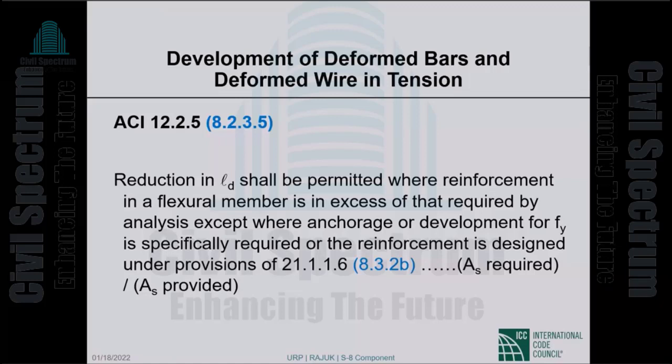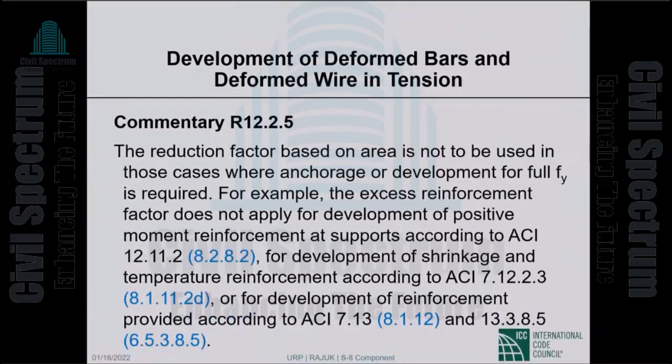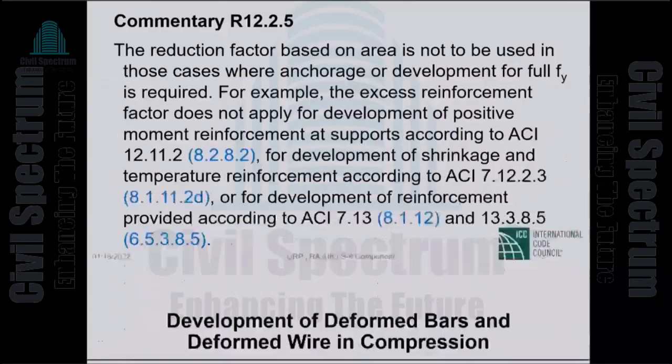There are other cases where bars are specifically required to develop full F sub y. In those cases, you cannot take this reduction, okay? The excess reinforcement reduction. So that is explained here, and I will let you read. This tells you what I said, that when full F sub y is required to be developed by the code, you cannot take the excess reinforcement reduction.